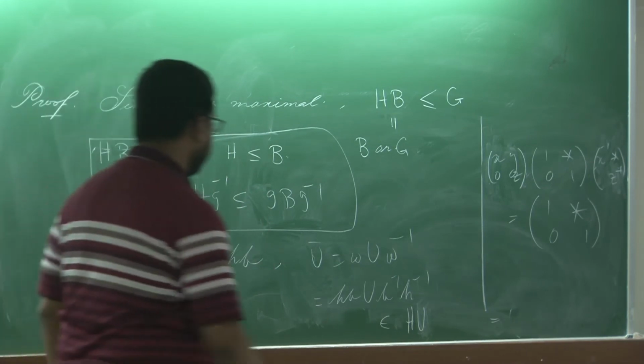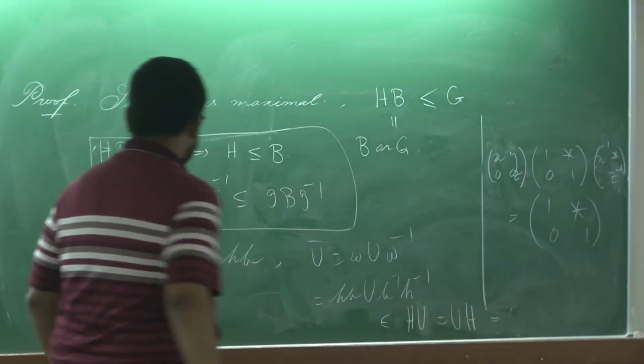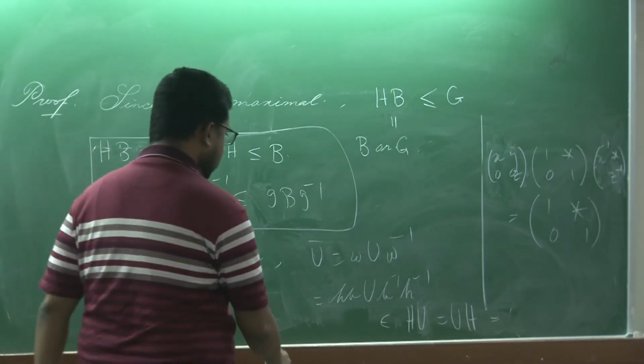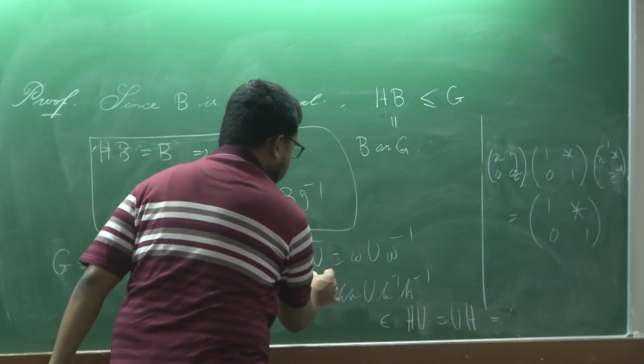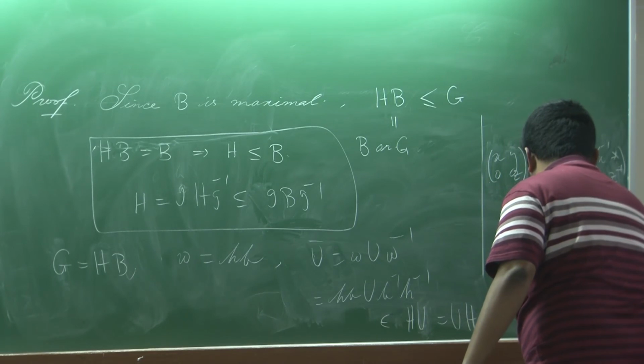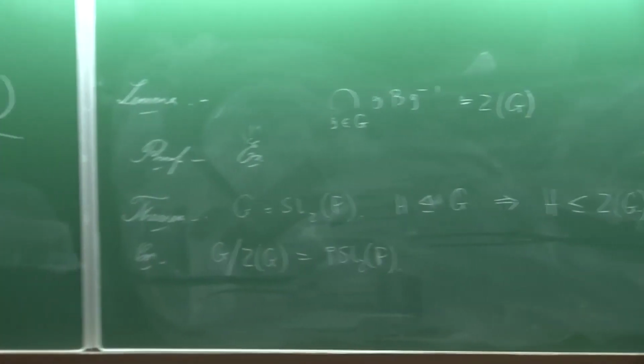HU or UH, that does not matter because H is normal, and so UH contains U and UH contains U prime. So, this forces G to be equal to UH. Now, the rest is simply one line.